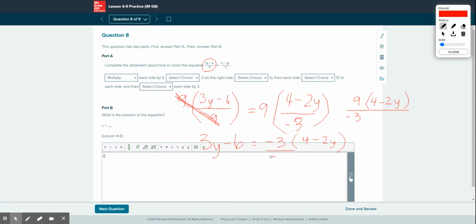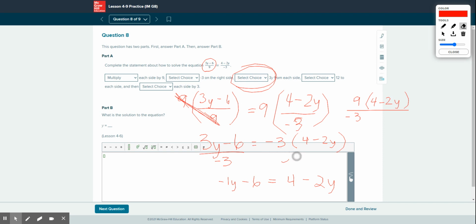Factoring the -3 would be divided by -3 here and here, which means that I would get -1 times y minus 6 is equal to 4 minus 2y. While there's nothing wrong with this situation, I no longer have a 3y to work with. That tells me that I'm not going to factor.